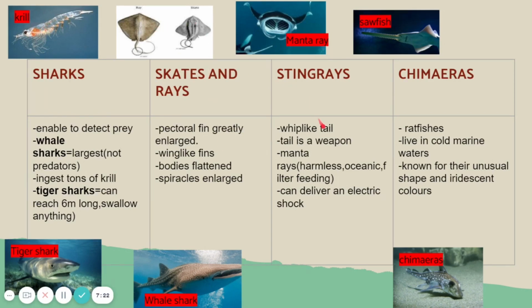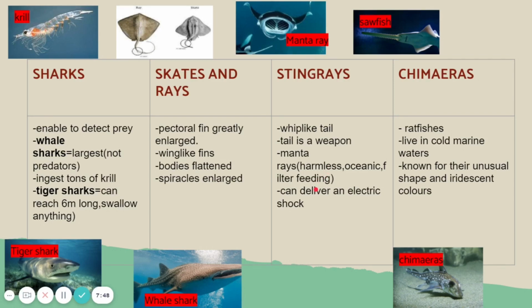For the stingrays, they have a whip-like tail that has serrated spines with a venom gland at the base. Their whip-like tail is just a defensive weapon, but it can deliver a harmful or even fatal sting. For the manta rays, they are harmless, oceanic, and also filter feeding.